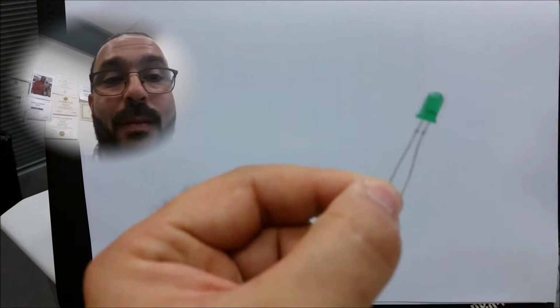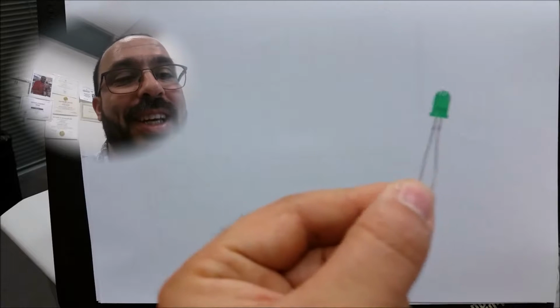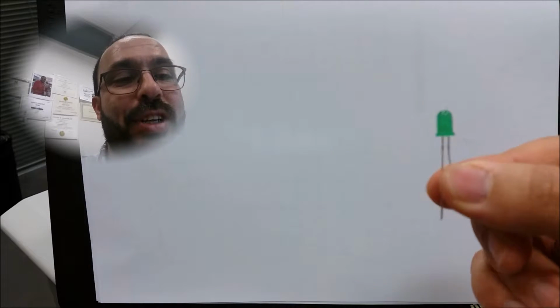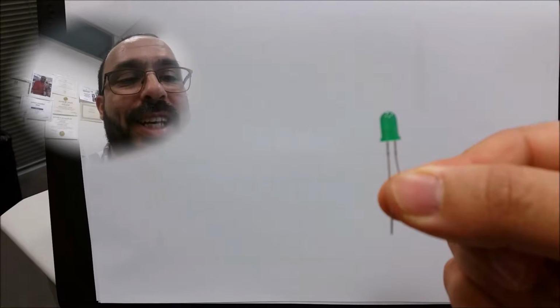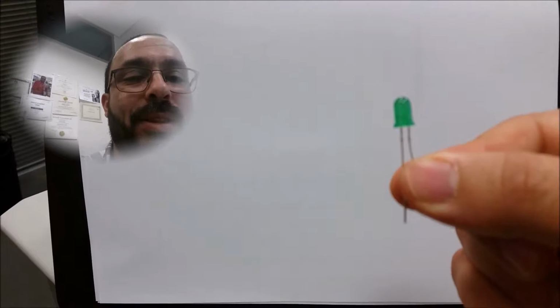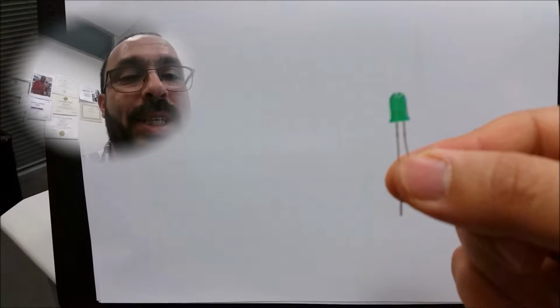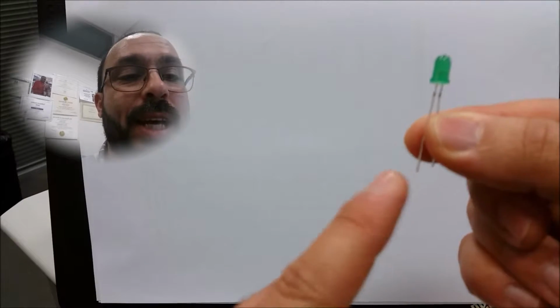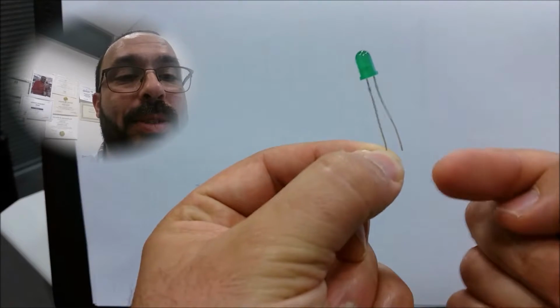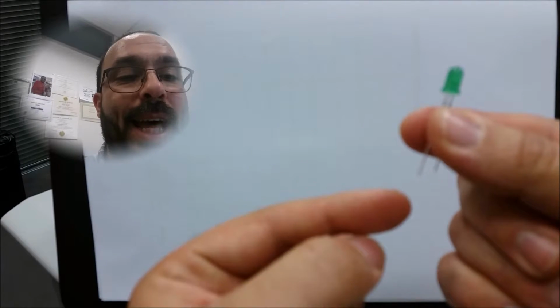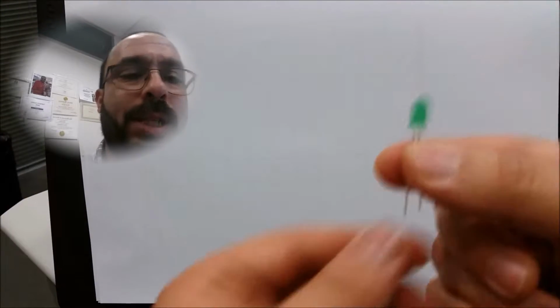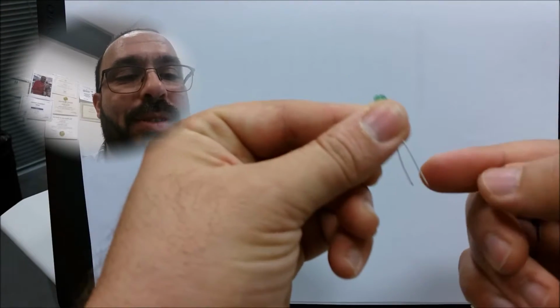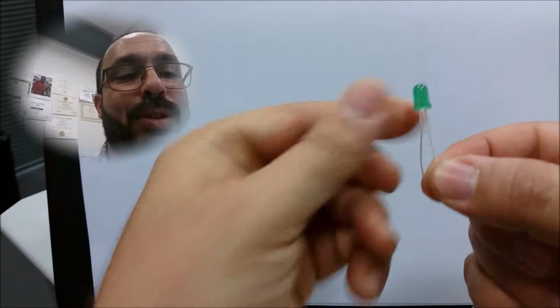And then voila, we have the configuration of the LED very clear. Now we know which one is the cathode and which one is the anode, and we can play with that. Forward bias means the current has to go into the anode and out of the cathode. Into the anode, which is this one, sorry again, and out of the cathode.